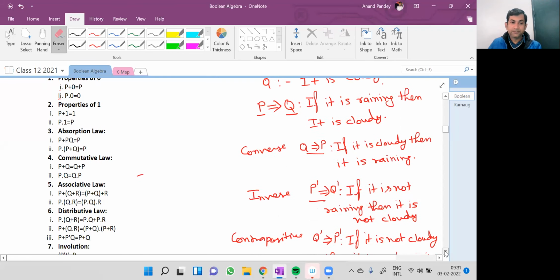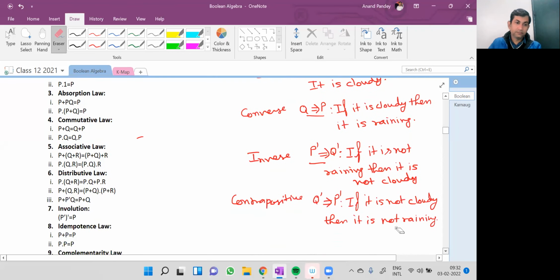Now third law, commutative law. This commutative law, same as your mathematics. Do you know commutative law in maths? P plus Q can be written as Q plus P. This is called commutative law. Or P dot Q can be written as Q dot P. So this is commutative law, as you know already in maths. Then associative law, this is also same as your mathematics.